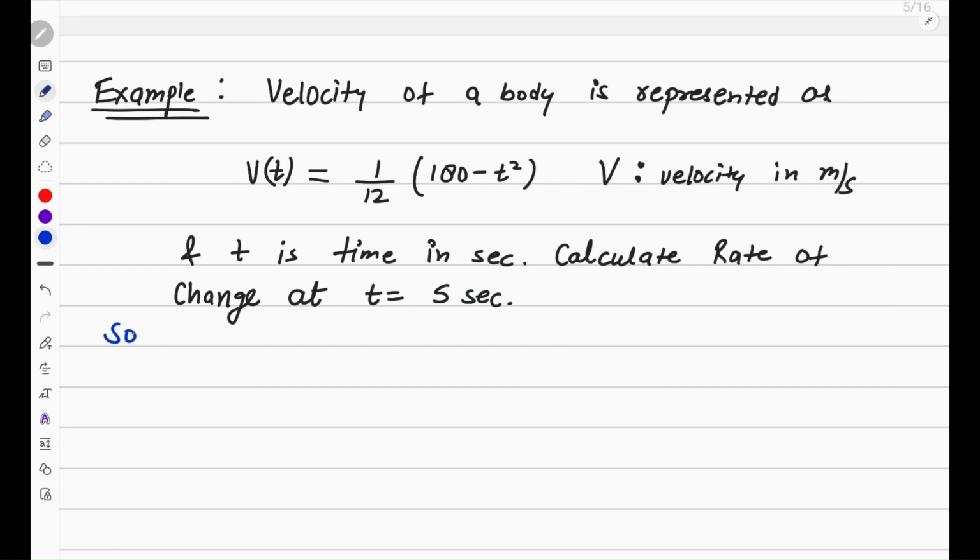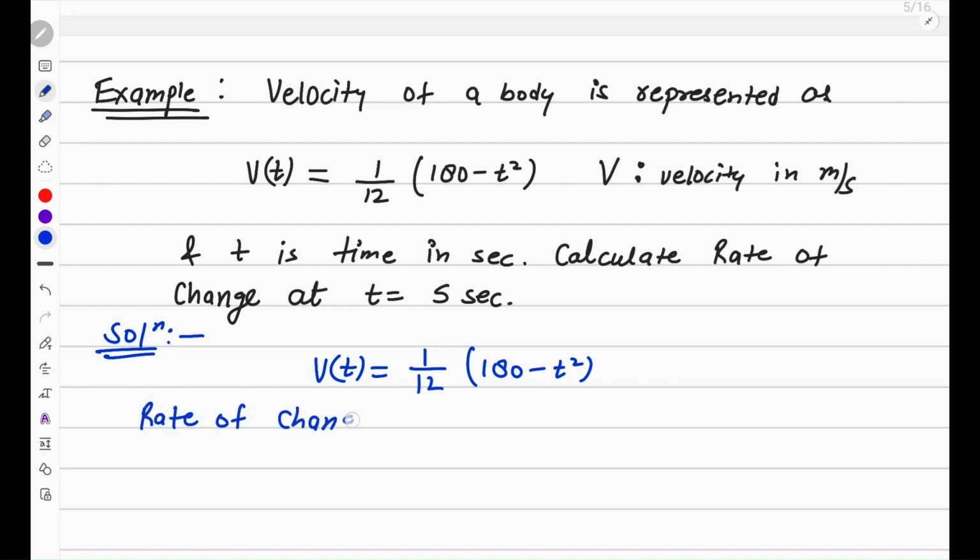So how can we do that? We already have an equation of V(t), which is 1 over 12 into (180 minus t square). To calculate the rate of change we can say it is the slope of the curve. The slope is equal to the differentiation of the function with respect to the variable.